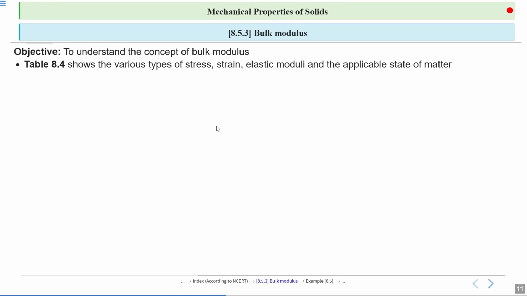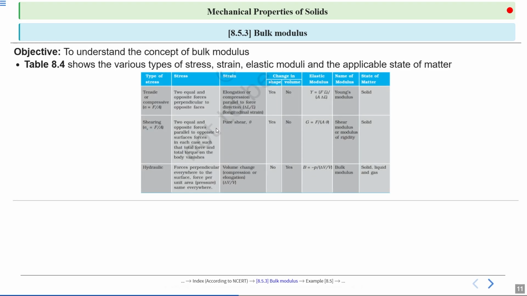So let's examine Table 8.4. This table lists the various types of stress and strain, the corresponding elastic moduli, and which states of matter they are applied to. Here are the types of stress: tensile or compressive, shearing, and hydraulic.